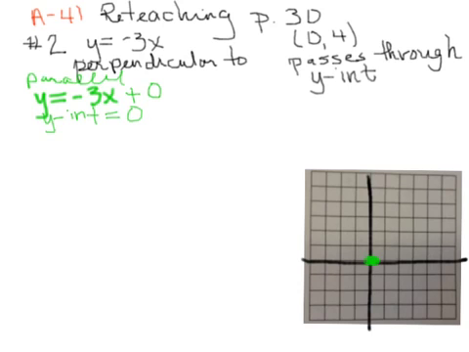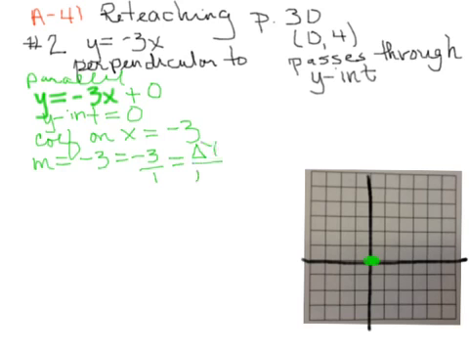So now I know that the coefficient on x is equal to negative 3. Therefore, my slope is equal to negative 3. I'm going to write that as negative 3 over 1, and that's my change in y over my change in x. Therefore, from this point right here at 0, 0, I'm going to go down 1, 2, 3.